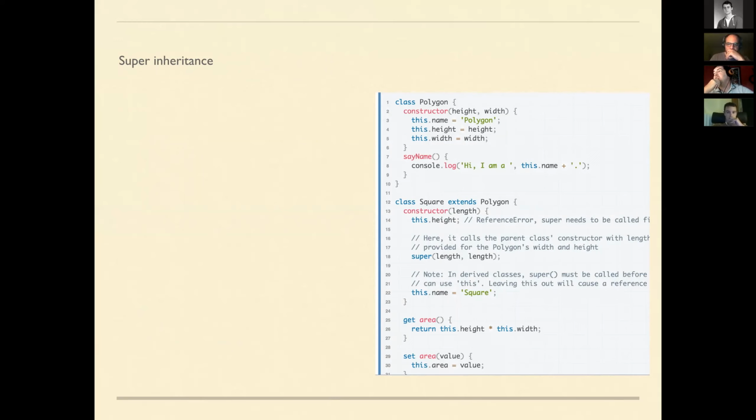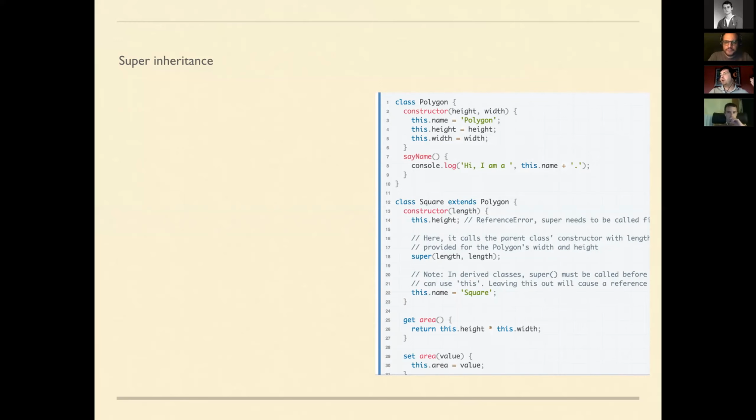But that is not the case. You have to first call the super and pass in the length parameter into basically the super constructor. So super references the constructor of the polygon and then passes in the length twice for height and width. So basically that will then construct our polygon, and then we can call this.height after it.